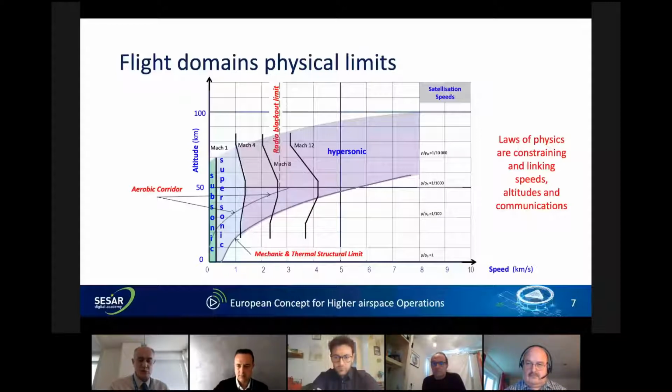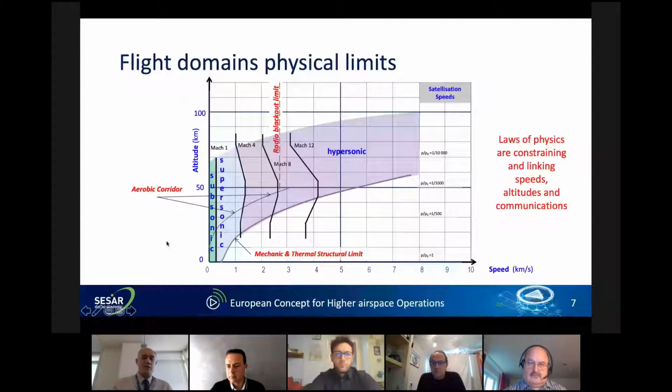So there is no material in the universe that can survive those temperatures. So it's not feasible to be faster than what is shown on the mechanical thermal structural limit. Then you have an aerobic corridor, where, on the contrary, there is not enough oxygen in the atmosphere to provide the energy that allows some motorization, so some propulsion. It's not very strong, but it is still a barrier.